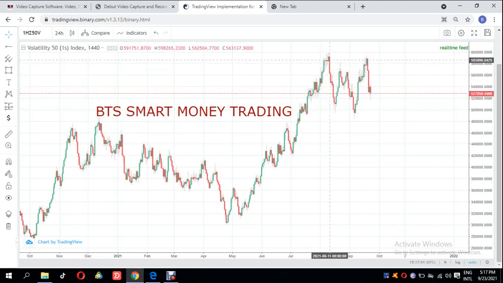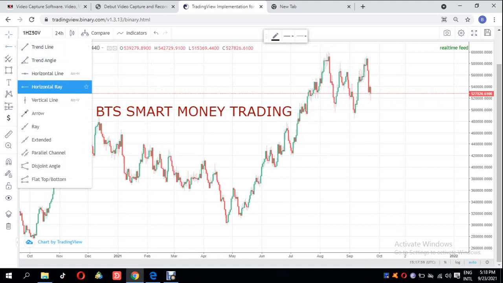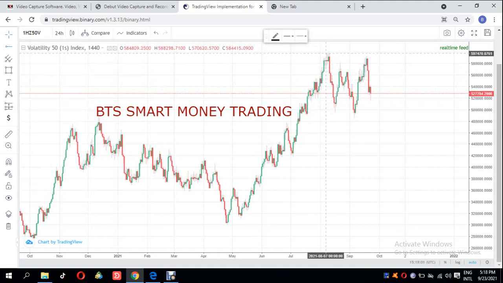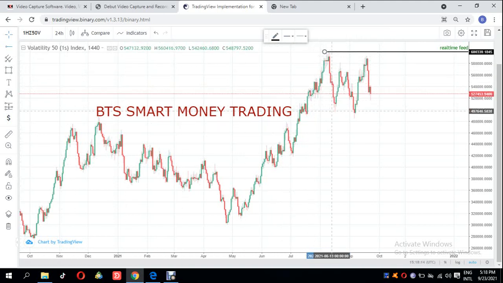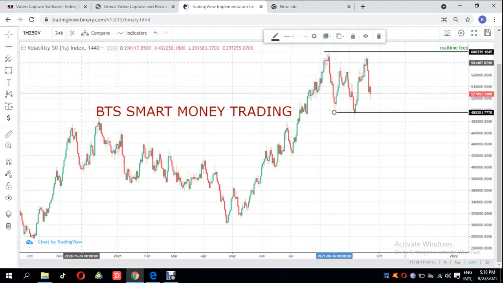The pressure of sell is very strong, and we are going to identify where it turned. It is exactly here. This was our turning point of rapid sell movement, and it made a low here.